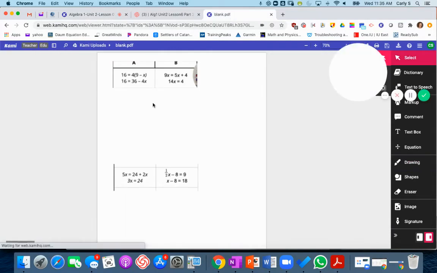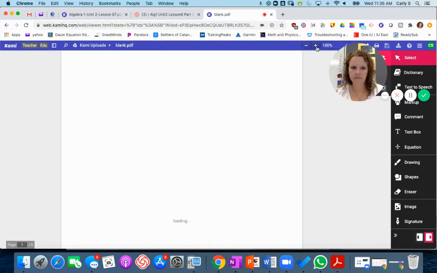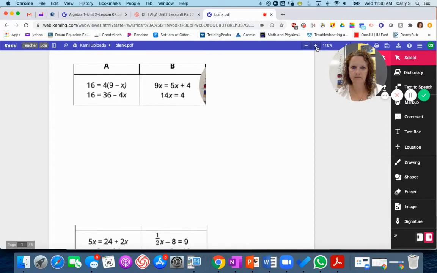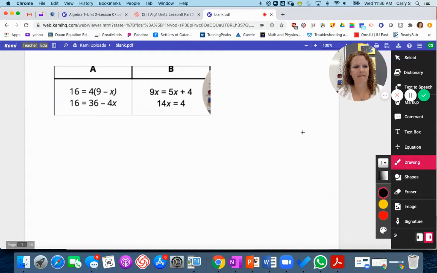All right, so if we look at this, I can make this a little bit bigger. So if I look at the first equation, it's 16 equals 4 times 9 minus x. And then the second equation is 16 equals 36 minus 4x.